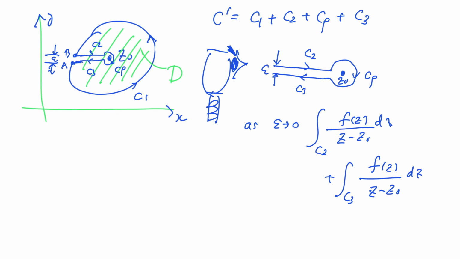C2, C3 is going in the opposite direction. And if epsilon goes to 0, they become just a single line integral. Then this will be 0, right? So if epsilon goes to 0, C2 and C3 are in opposite directions, so they are going to cancel to 0.